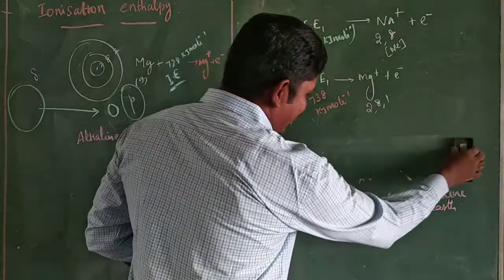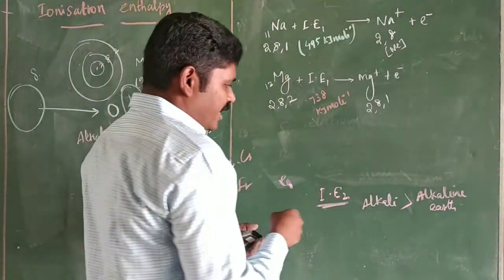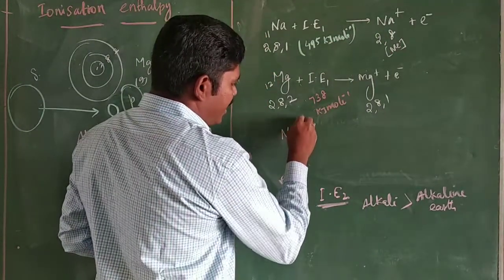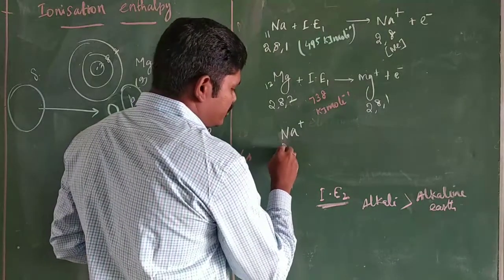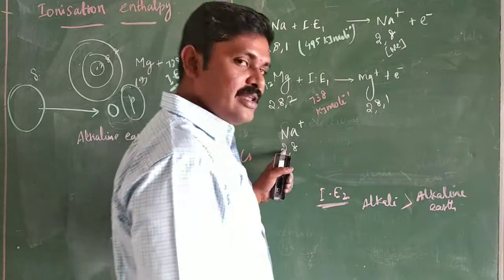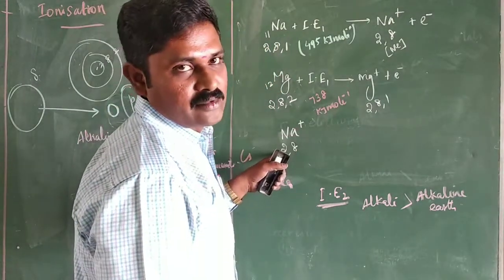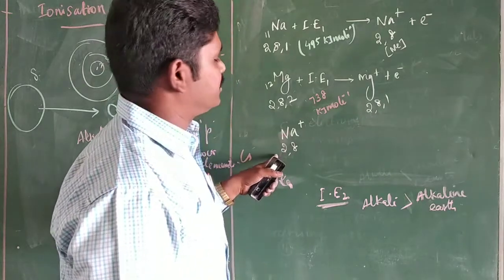But in second ionization energy, for example sodium, Na plus has the electronic configuration 2,8, and the Na plus ion is more stable due to reaching the noble gas neon electronic configuration.